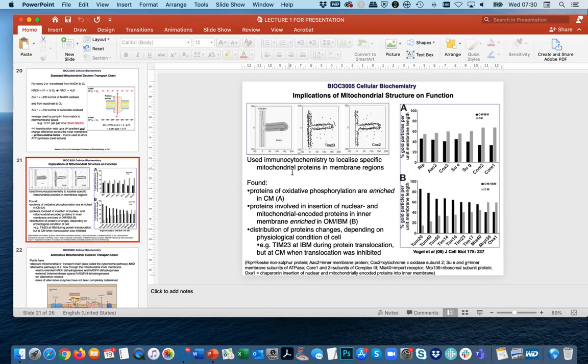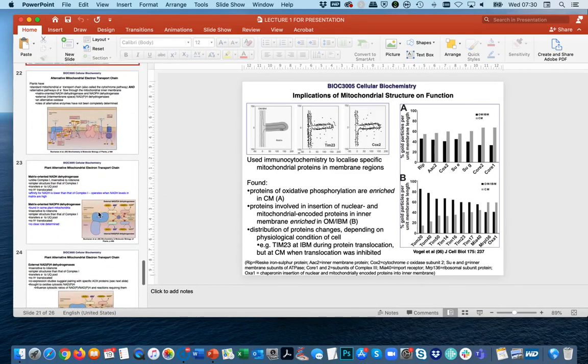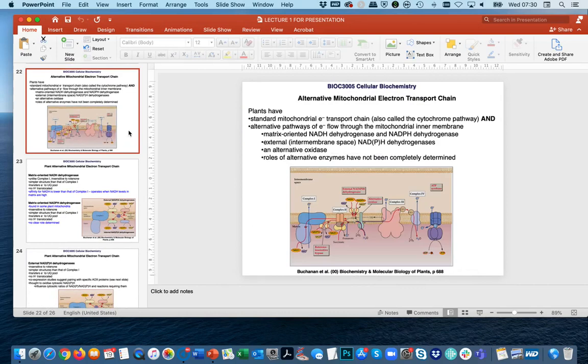In the last part of the lecture, I'd like to now look at the differences that we see with plant mitochondria, because there are some striking differences compared to other eukaryotic mitochondria. The standard mitochondrial electron transport chain is found in plant mitochondria.